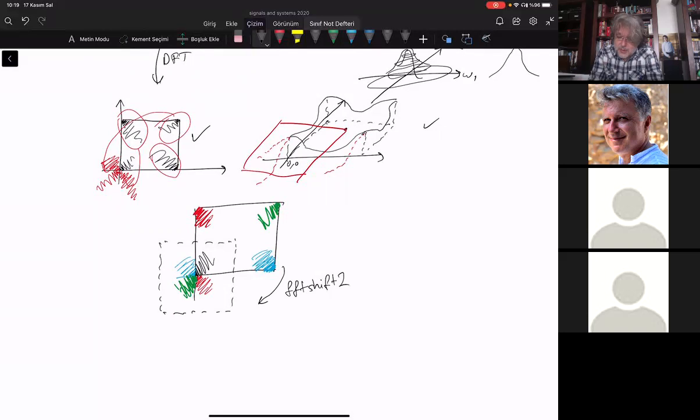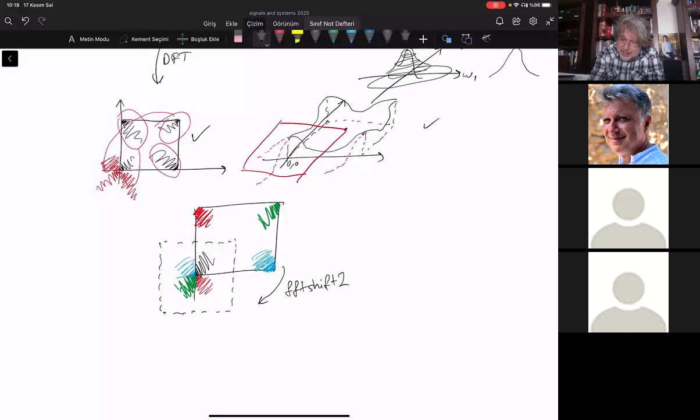So if you're working with MATLAB, after taking the FFT, when you want to plot the absolute FFT, you have to take the magnitude and then plot, because it's complex valued. If you try to plot any complex valued function, you know that it's a problem, so don't do it. You use fftshift.